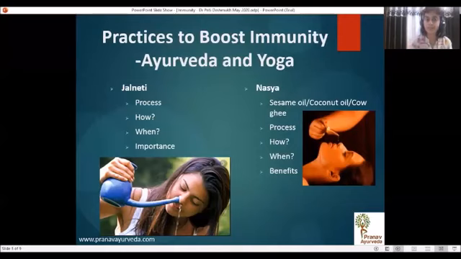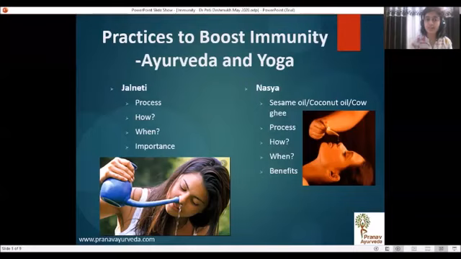Jalaneti. As shown in the picture, for the Jalaneti process, what should be used? It consists of lukewarm water, a pinch of salt, and the Jalaneti pot. It can be done twice a day after the gargling process.